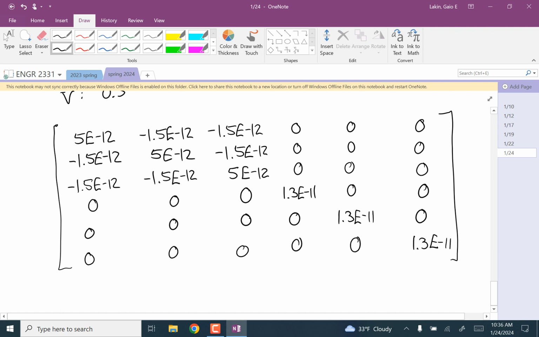Anybody get that matrix? I'm not seeing the sixth row on mine.